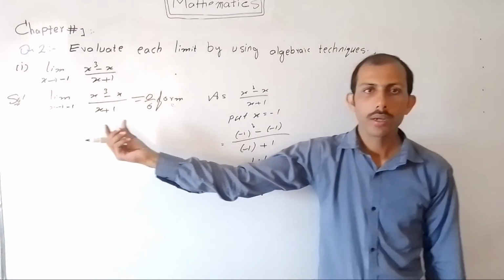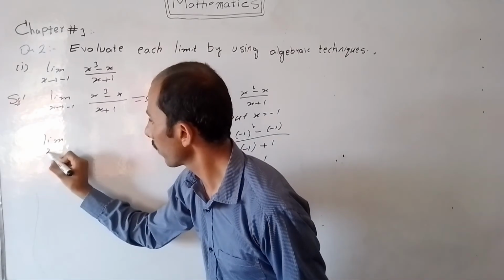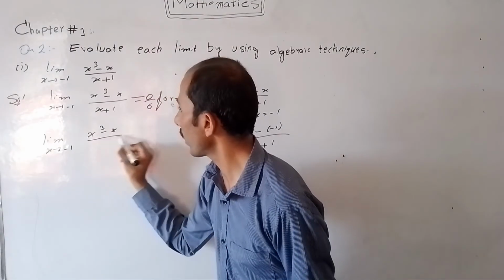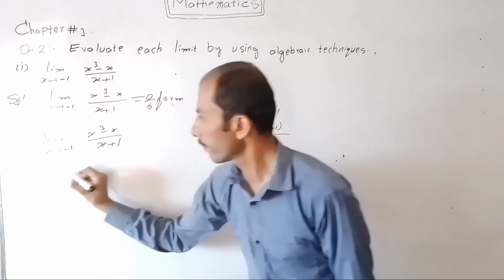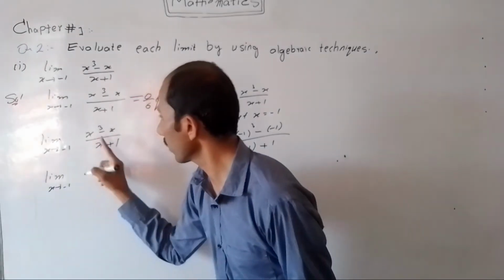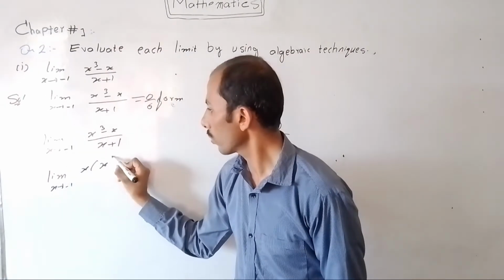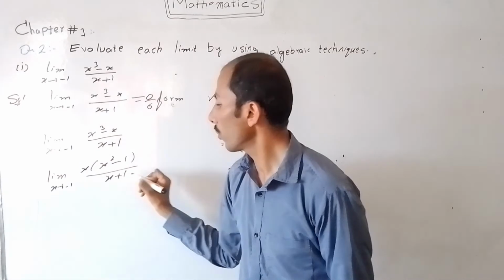Next, limit x approaches to minus 1, x cube minus x divided by x plus 1. So limit x approaches to minus 1, take common x into x square minus 1 divided by x plus 1.